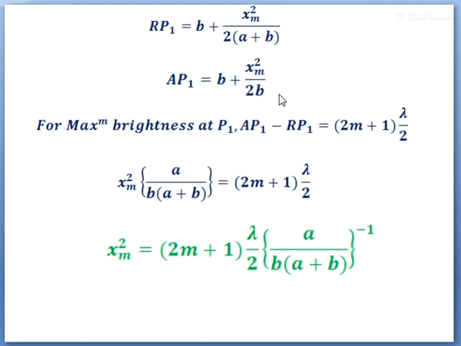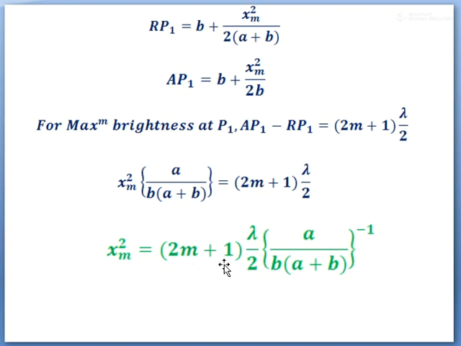Okay, তাহলে P পয়েন্টে ম্যাক্সিমাম ব্রাইটনেস হওয়ার জন্য AP1 minus RP1, that must be odd integer multiple of lambda by 2, 2m plus 1 lambda by 2. Okay, so XM square A into B bracket A plus B, that must be equal to 2m plus 1 lambda by 2.